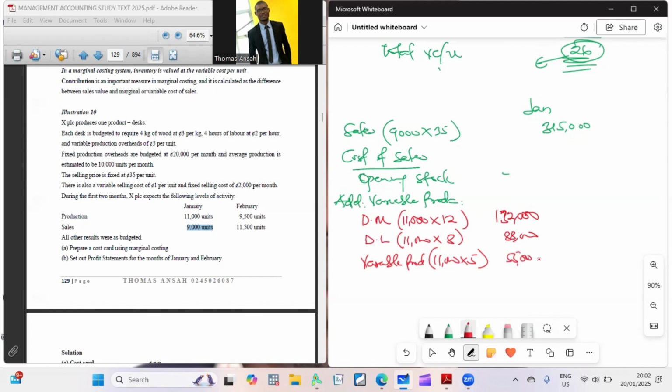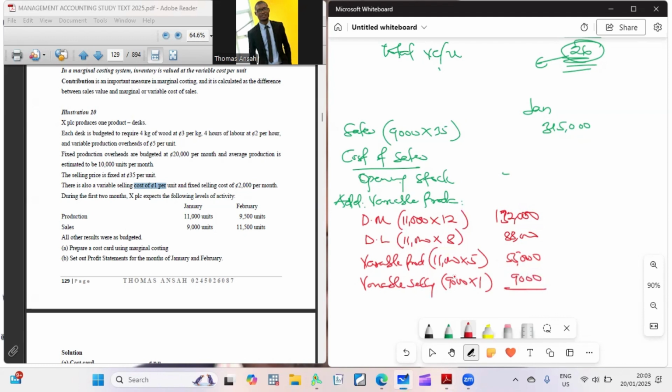But we also know that there is another variable selling. So all variables, variable selling. And here, be careful because the selling is 9,000. They are selling 9. And the variable selling, the price was what? 1. So that is 9,000. All right. So you have to be very careful about those things.